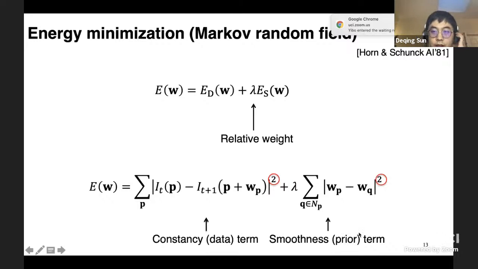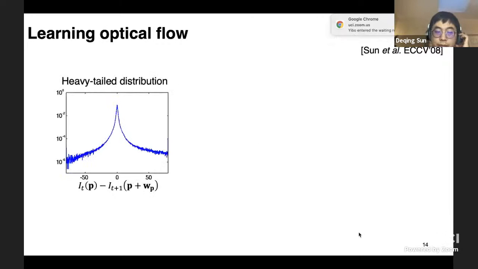And so when I started my PhD, we looked at whether we can learn what penalty function to use, or what the statistical distribution would be, say for the brightness constancy. We take a collection of training data and compare a pixel with its corresponding pixel.